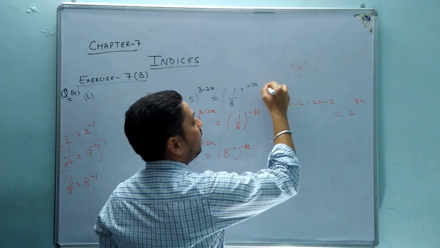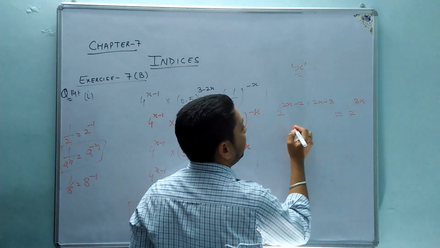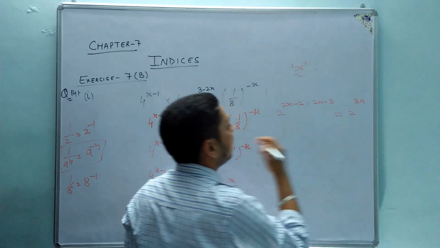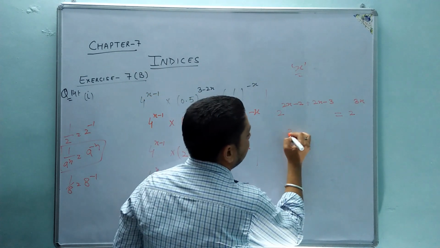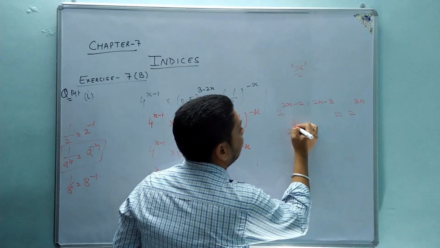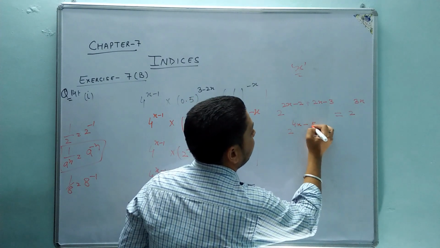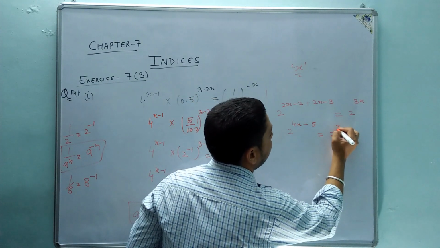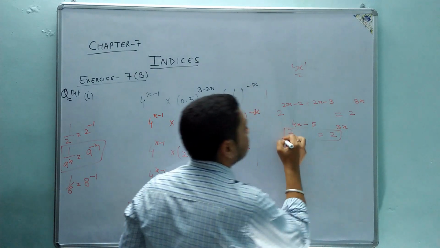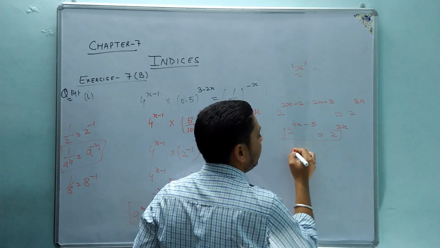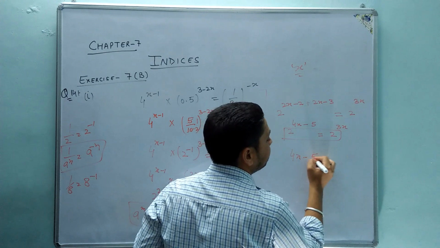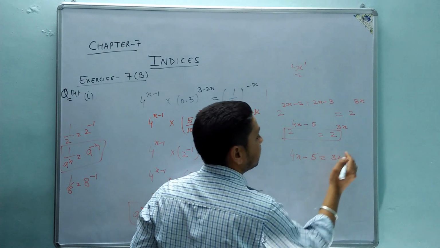Now bases are the same, so their powers will be equal. I can write it as 2 raised to power 4x minus 5 is equal to 2 raised to power 3x. Bases are the same, so the powers are equal: 4x minus 5 is equal to 3x.